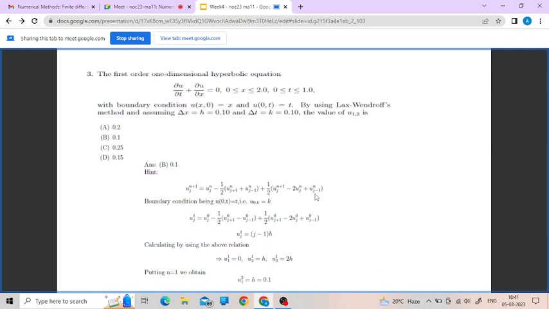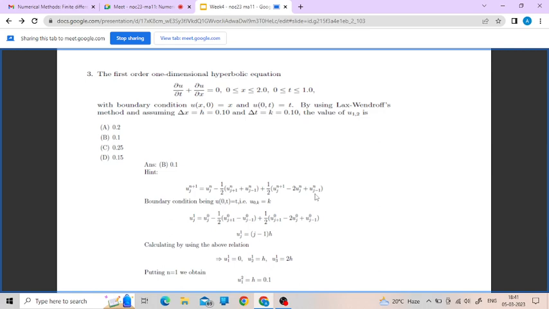We are simply, like here 2 del t by 2 del t gets cancelled and we have removed the higher order terms. Here also del t over del t gets cancelled, removing the higher order terms, like from 3.